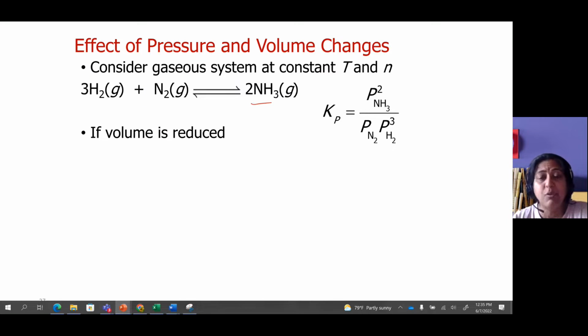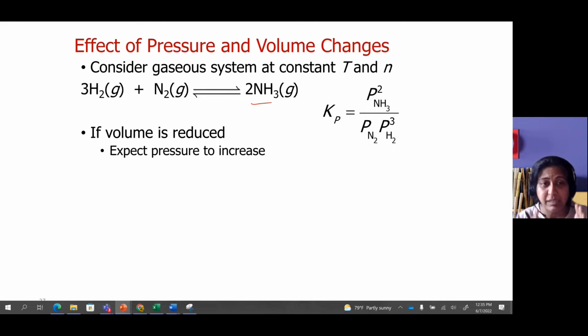What would happen if volume is reduced? In the Kp expression, we have all the parameters in pressures. But it says that the volume is reduced. What is the effect of volume on pressure? Yes, then the pressure will be increased.